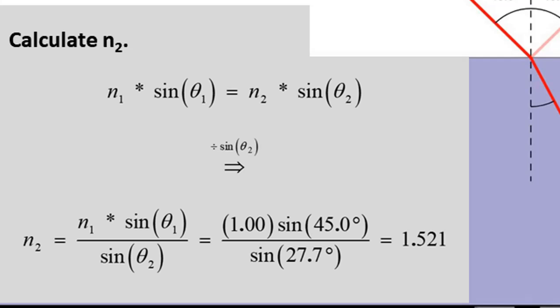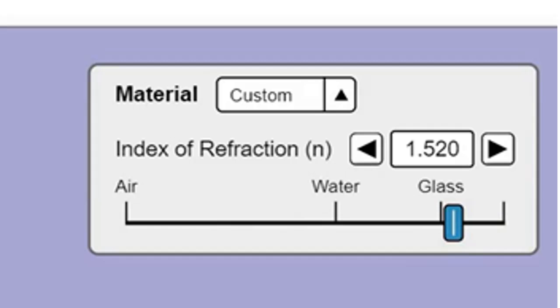I plug in my numbers, and because the first medium is air, it automatically has a value of 1.00, times the sine of 45 degrees divided by the sine of 27.7 degrees. And we end up with an index of refraction of 1.521, which closely matches this value here.